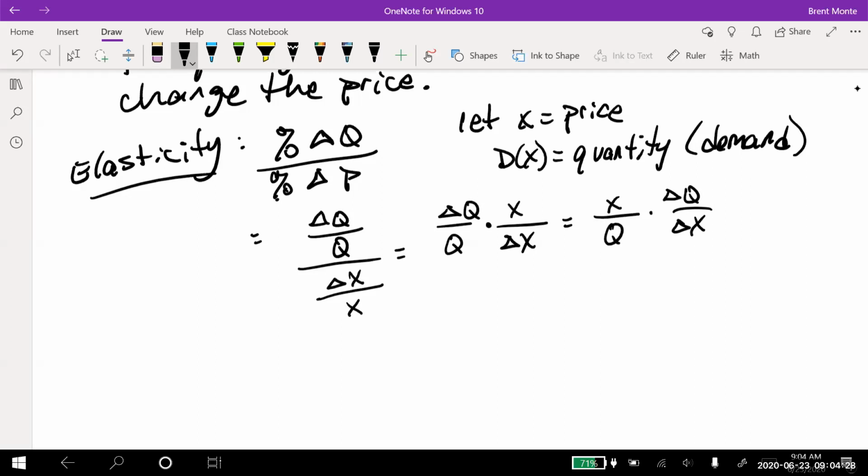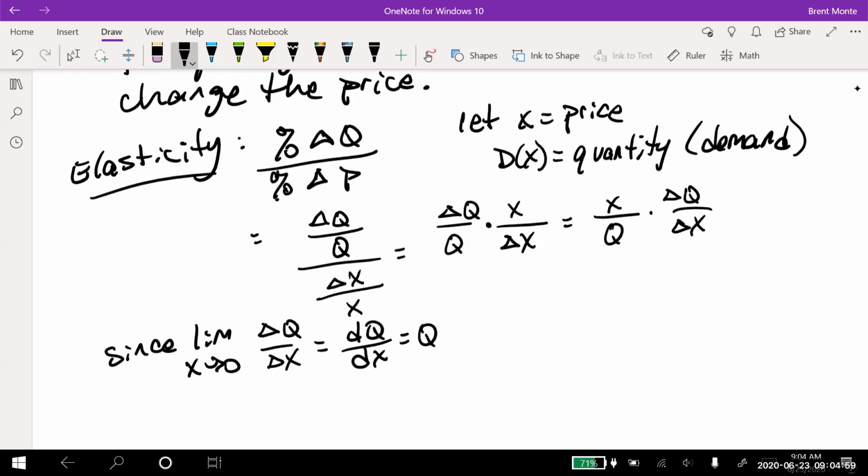Now, one thing that we know, remember X is the price, Q is the quantity. But since the limit as delta X goes to 0 of delta Q over delta X, that's by definition the derivative. So that's going to be dQ/dX, or we're just going to write it as demand. I don't want to write quantity anymore.